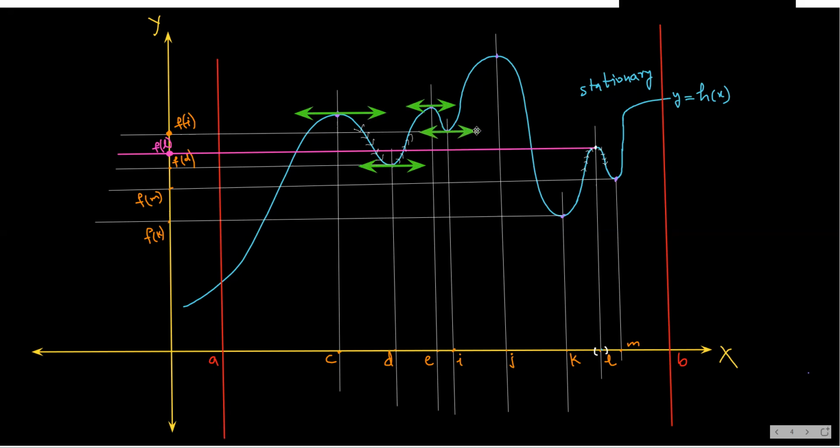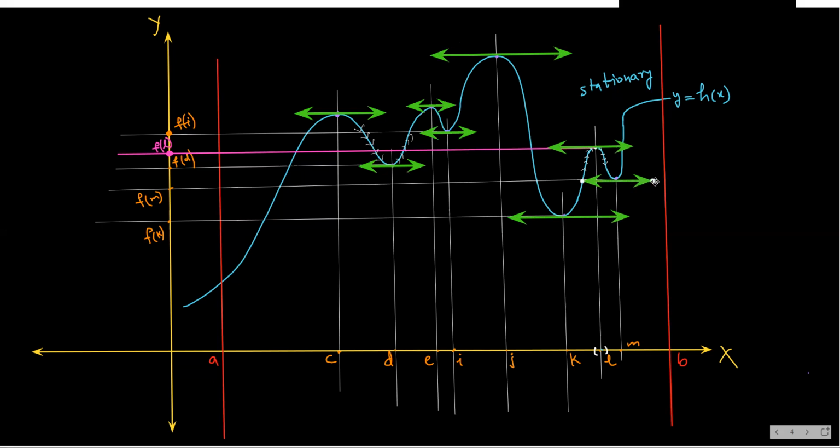You understand the meaning of tangent? Tangents are lines which touch the curve. So if I touch the curve by a straight line at these turning points, I automatically get a line parallel to the x-axis.